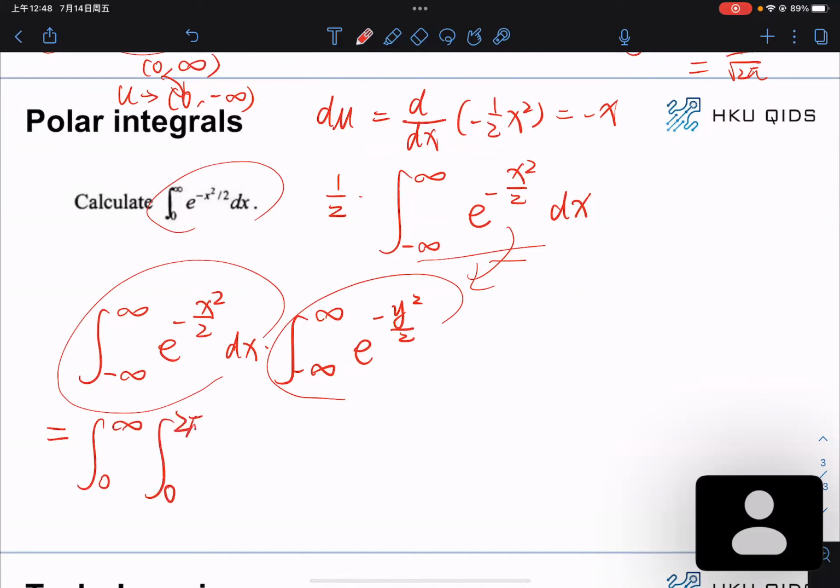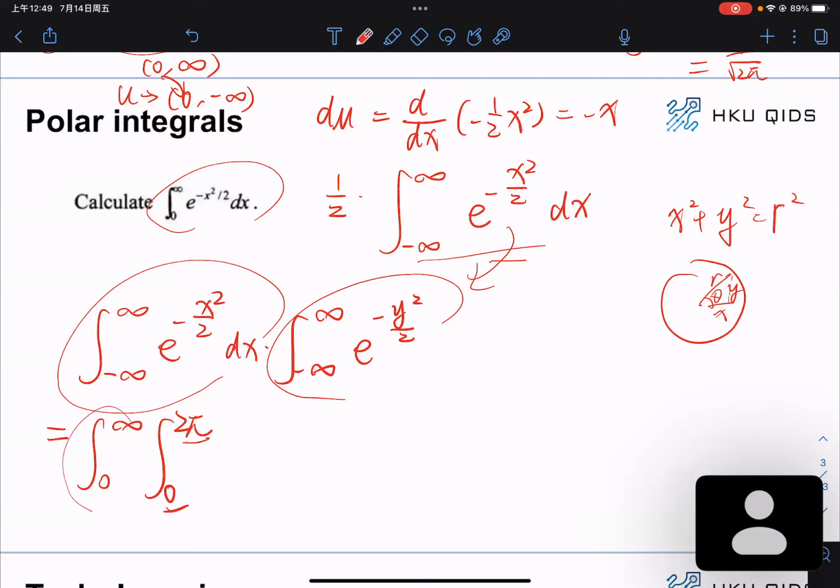Theta goes from 0 to 2 pi, because it's all around the circle, you know, a classic circle is x squared plus y squared equals 1, right? So we have a circle with x, y, and radius r squared. Let's write it here. The range of theta is from 0 to 2 pi, while the range of radius, as long as it's positive, is okay.